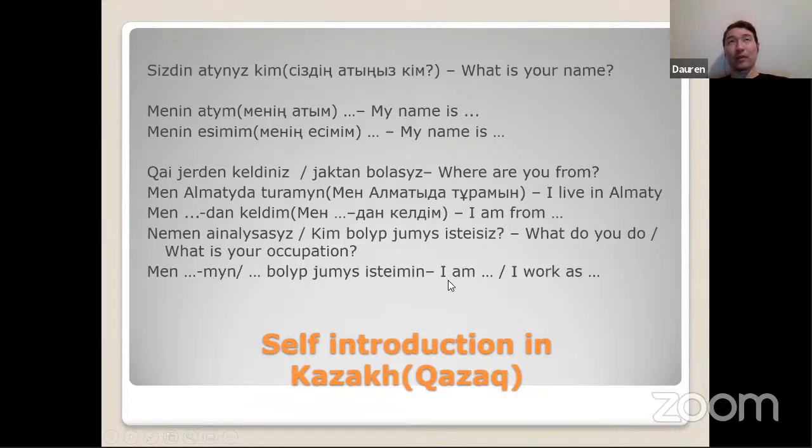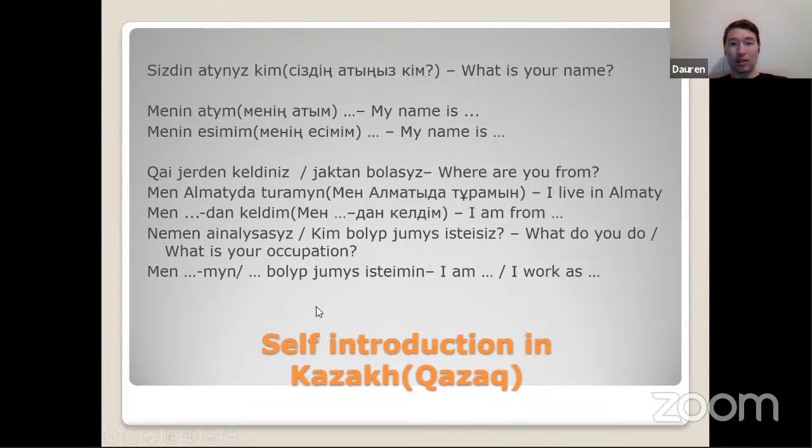And I am a director of the movie. Мен режиссермін. Same as the Russian word режиссёр. Or for the question кім болып жұмыс істейсіз? Мен инженер болып жұмыс істеймін. I work as an engineer. Мен режиссер болып жұмыс істеймін. I work as a director, sorry.